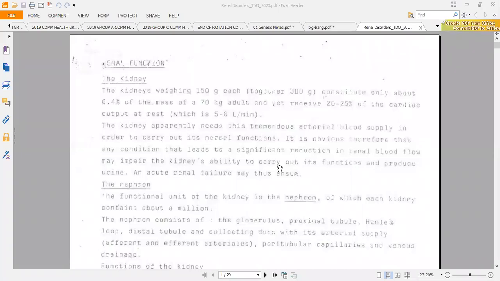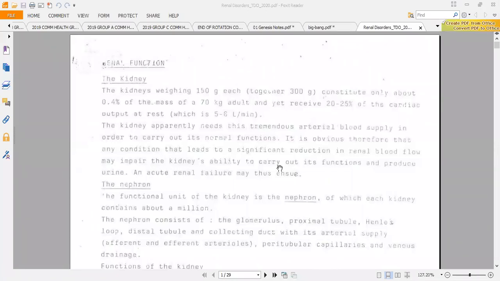If the medulla is concentrated, then you can either concentrate or dilute the urine. So that's the function of the loop of Henle. We have the descending and ascending limbs. You can even talk about the thin descending, thick descending, thick ascending, and all those things.